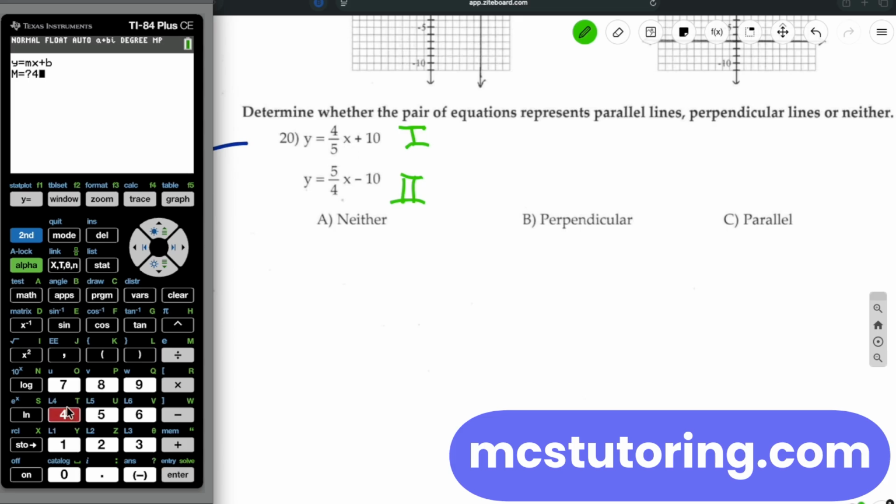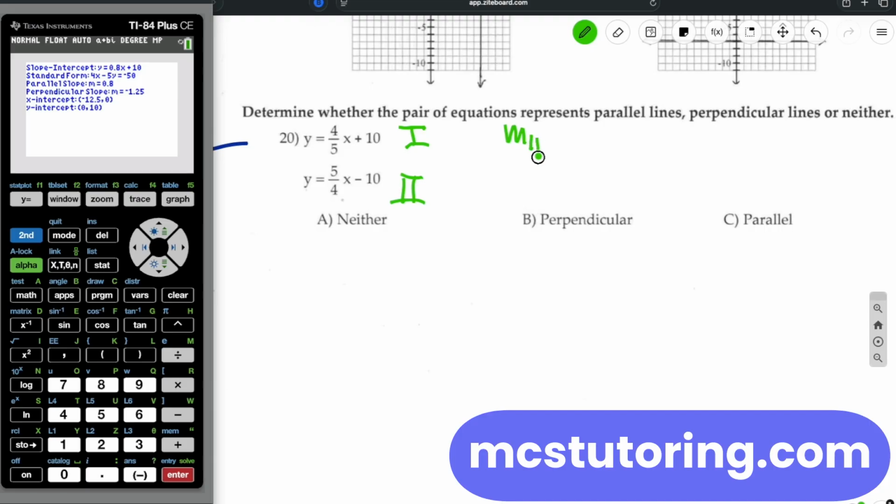So again, a fraction is an unfinished division problem. So 4 divided by 5, and then the b is 10. So the parallel slope, so m parallel is 0.8, and the perpendicular, and that's what these symbols mean, m, like meaning slope parallel, slope perpendicular is the m with the t upside down, -1.25.